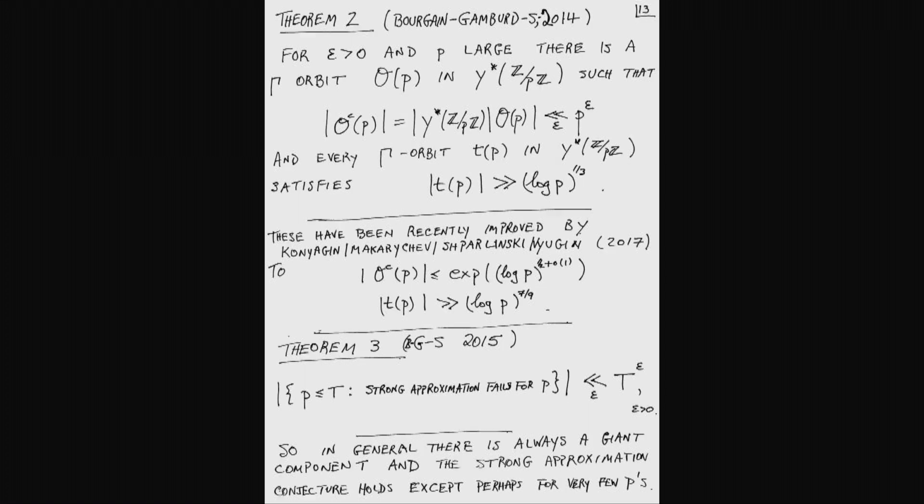We just decided, okay, we're going to try to prove this acts transitively, and we were essentially able to prove it, but not quite. That is, the set of P's for which we can prove the conjecture that this action is transitive is large. In other words, look at theorem 3 here. The set of primes less than T for which the strong approximation conjecture, which is this statement that this permutation action is transitive, the set of primes for which it fails is at most T to the epsilon.